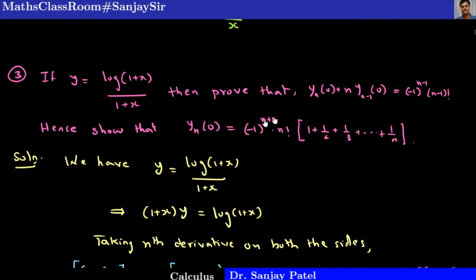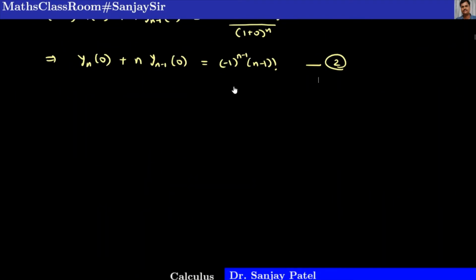Now to prove this, let us write the same step, equation number 2, in a different way. What I would like to do first is divide equation 2 by n factorial. So what I will get is yn(0) upon n factorial, and then n upon n factorial gives you (n minus 1) factorial for this second term.